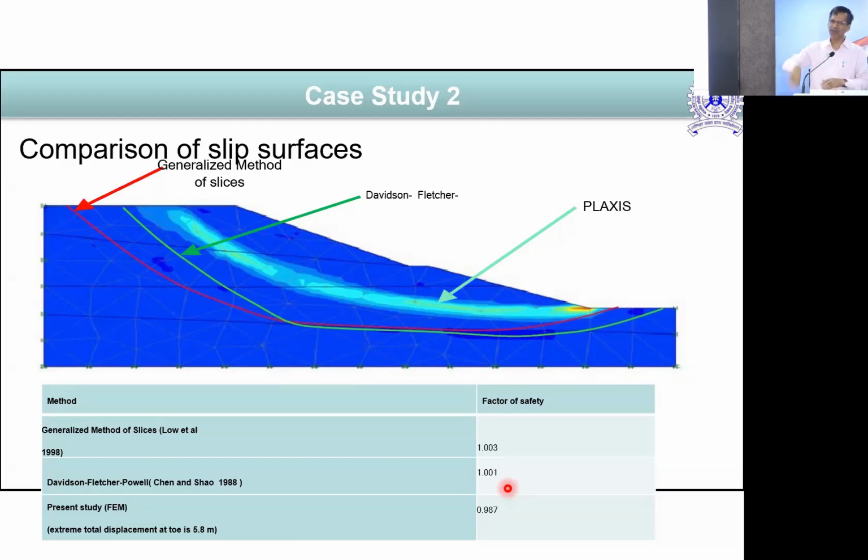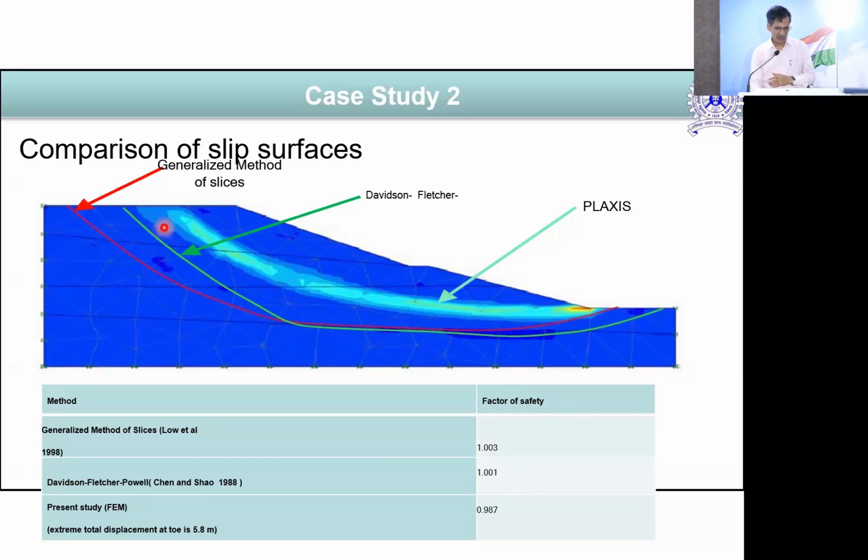But to follow the previous pattern, for those following slope stability who need a factor of safety, they have also put in this criterion with a certain condition, where the resistance against disturbance is calculated accordingly. So you see the failure pattern: Plaxis shows a band like this one, Davidon says here, and method of slices says another, and the pattern and random search show something different. So this makes a difference in the factor of safety.